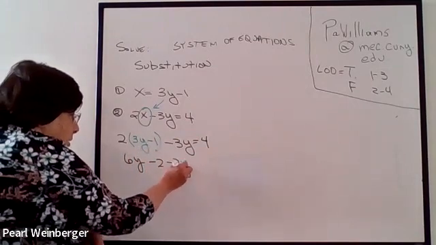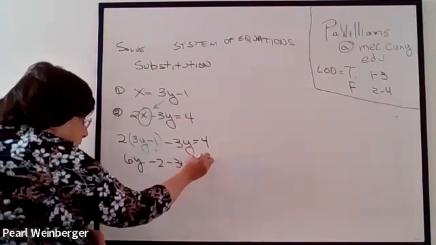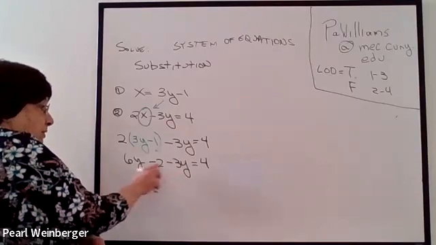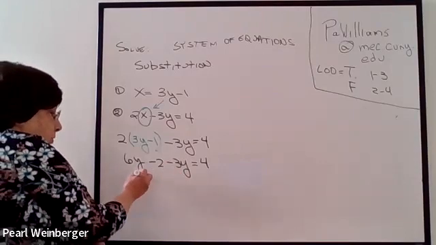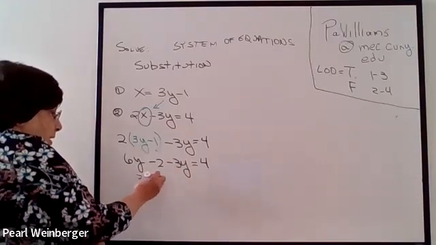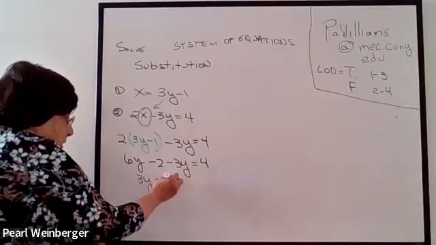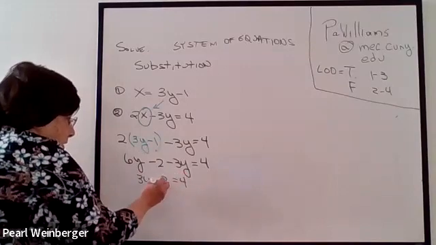Minus 3y equals 4. And I combine the like terms of the 6y minus the 3y, which gives me 3y. Of course, this minus 2 I just bring down, equals 4.